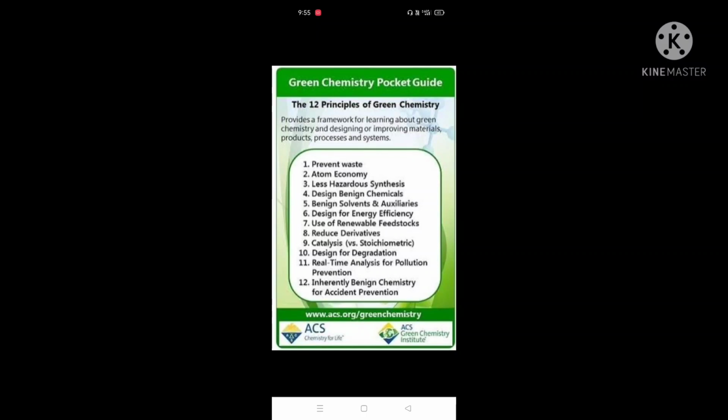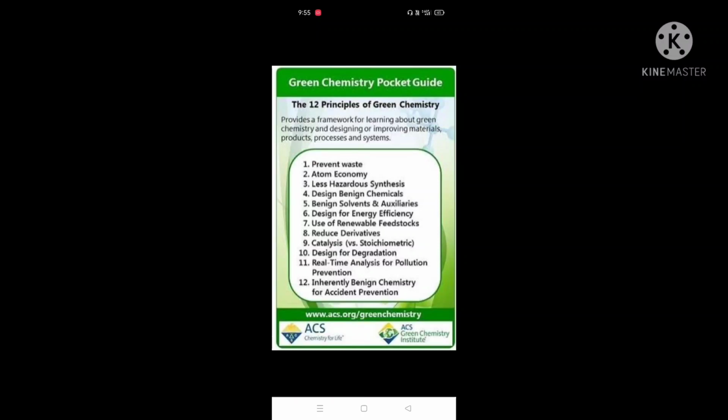In green chemistry, we get only the selective products, not byproducts. That's why we prevent wastages. That means we can produce a lower percentage of byproducts. So the reaction must have atom economy, that means it gives 100 percentage desired product.